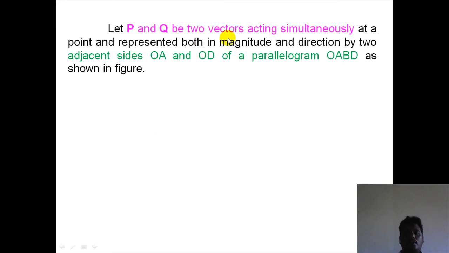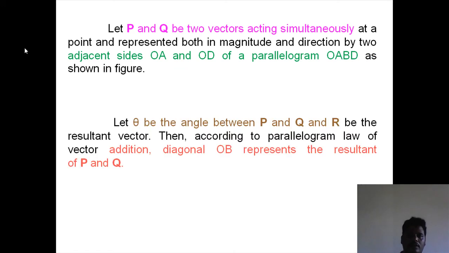P and Q are the two forces, otherwise vectors, acting simultaneously at the same point, represented in magnitude and direction, with arrowheads indicating direction, by the two adjacent sides OA and OD of a parallelogram OABD as shown in the figure.